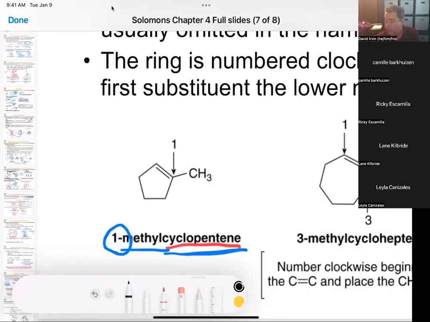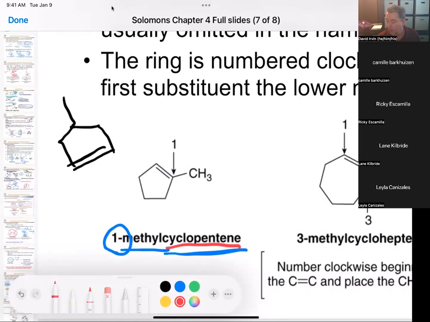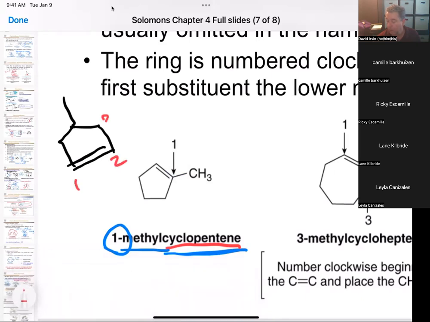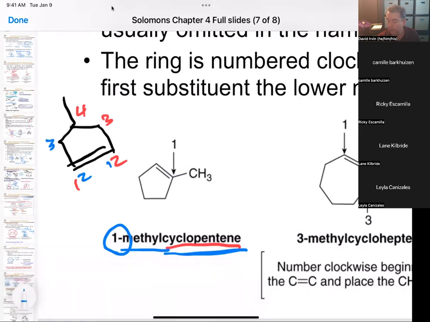1, 2, 3, 4, 5, double bond, and put it over here. All right, so in this case here, we could label it as 1, 2, 3, 4, or 1, 2, 3, 4.